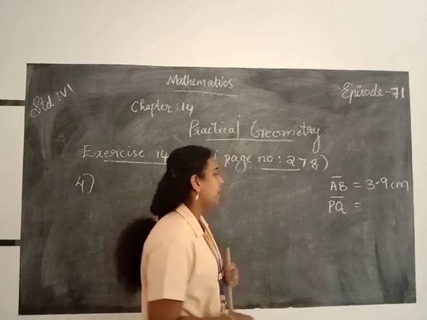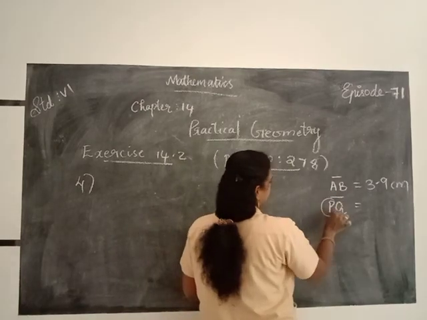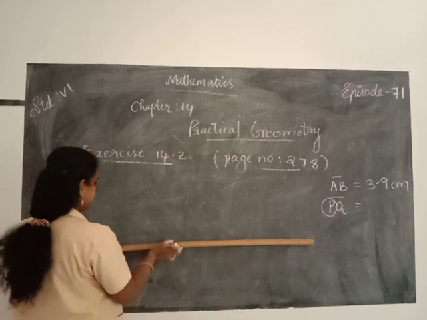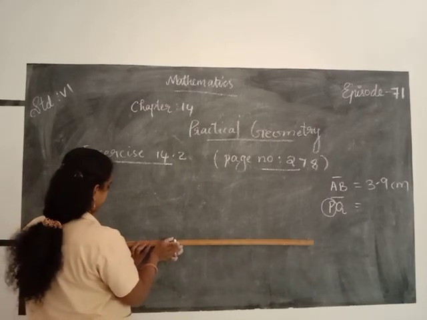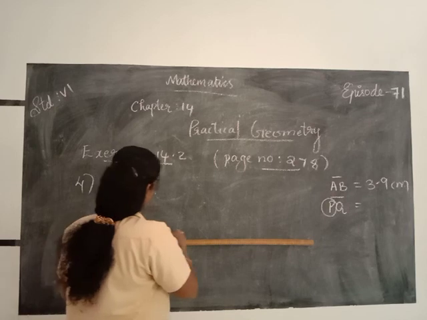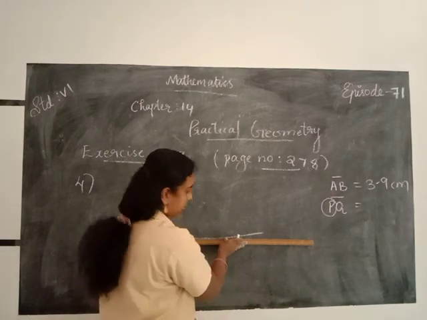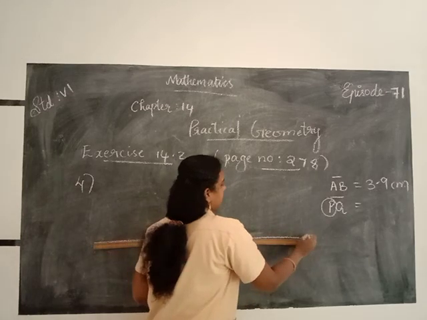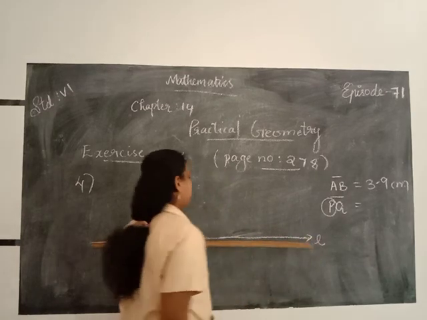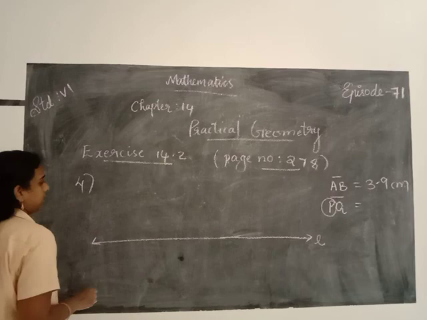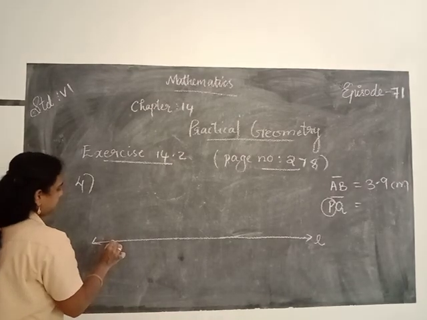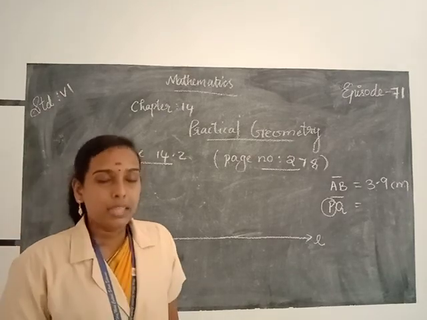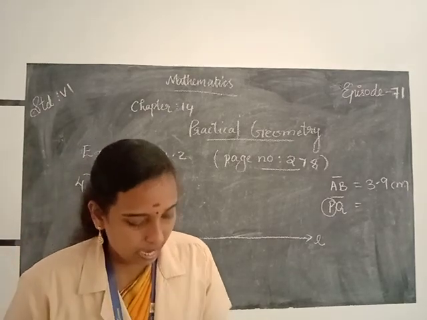So the first point of the line segment PQ is P. So first you draw a line L, then mark the point P on the line.